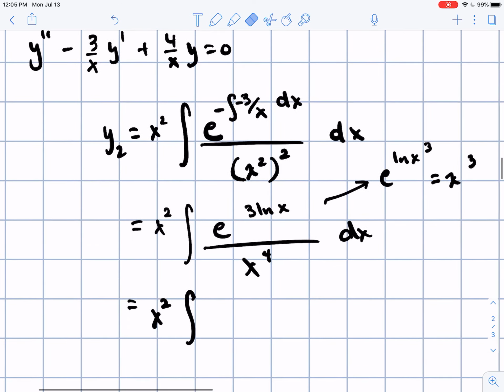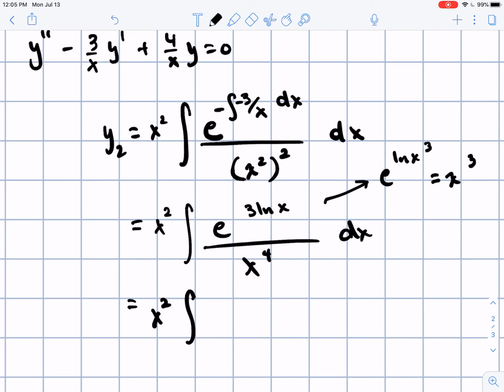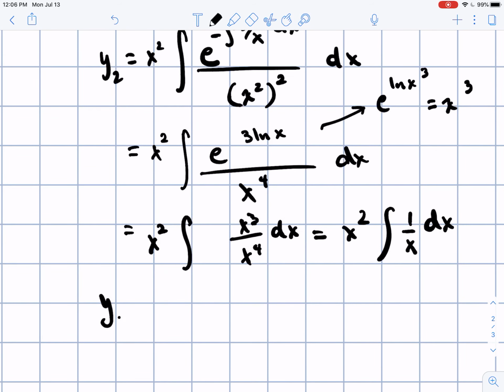So we just get x cubed. All right, sorry about that. x cubed over x to the 4th dx, but that's easy because that's just 1 over x dx. So we get our y2 to now equal x squared ln of x.